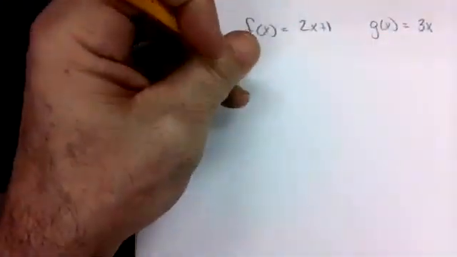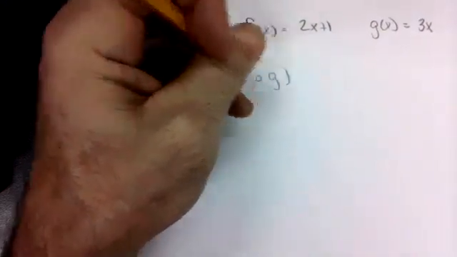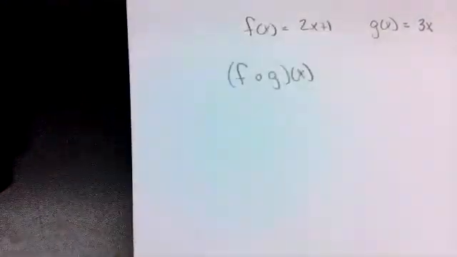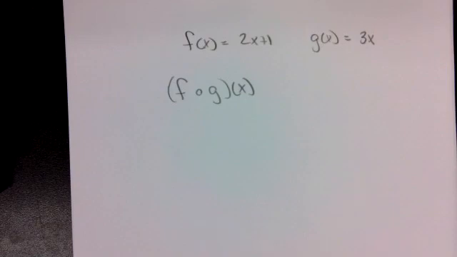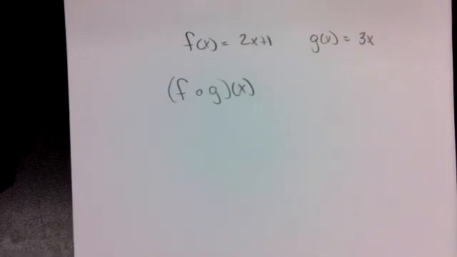So same functions. F of x is 2x plus 1. G of x is 3x. We want to find the composition, f of g of x.